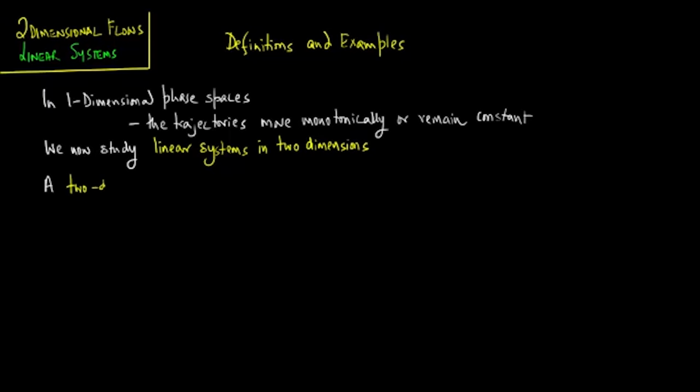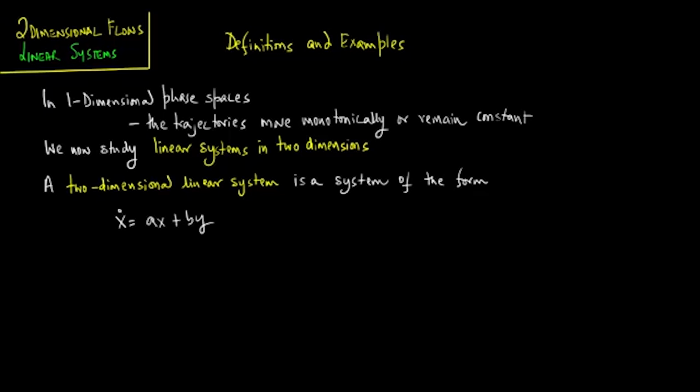A two-dimensional linear system is a system of the form x dot is equal to ax plus by, y dot is equal to cx plus dy, where a, b, c, d are all parameters.